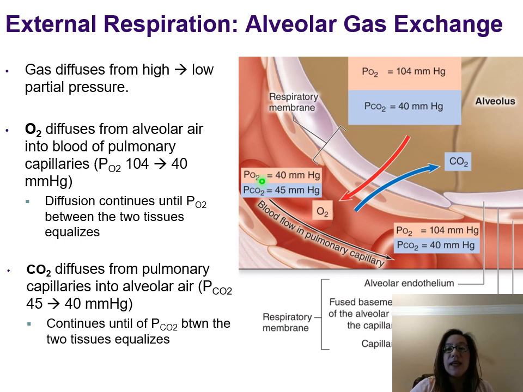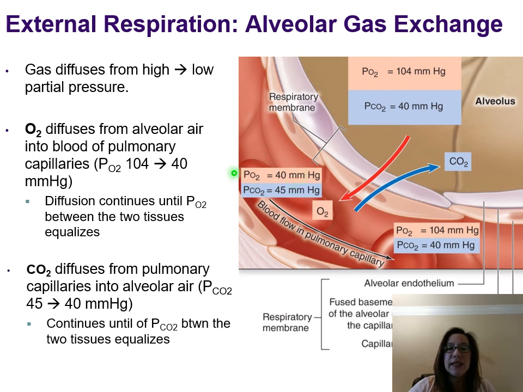The reason for that is because of the difference in partial pressure of oxygen. Partial pressure of oxygen in the alveolus is higher, 104 millimeters of mercury, than it is inside the blood of the capillaries. So oxygen is going from 104 to 40 millimeters of mercury. It goes down its concentration gradient and ultimately moves into blood.